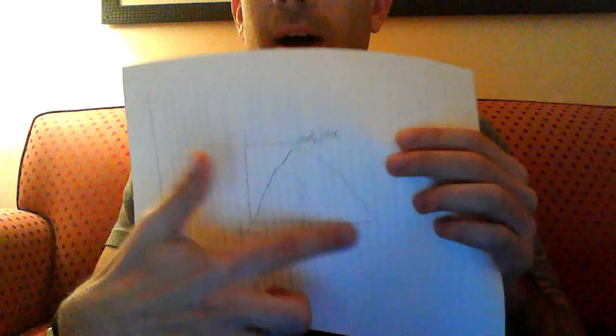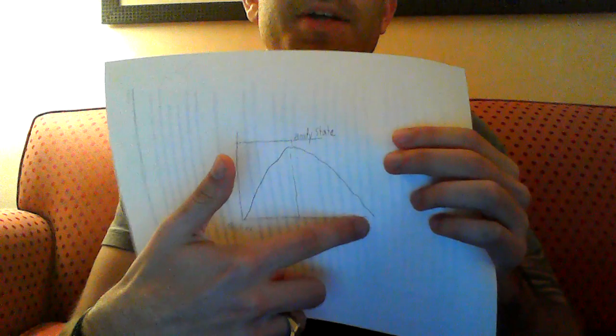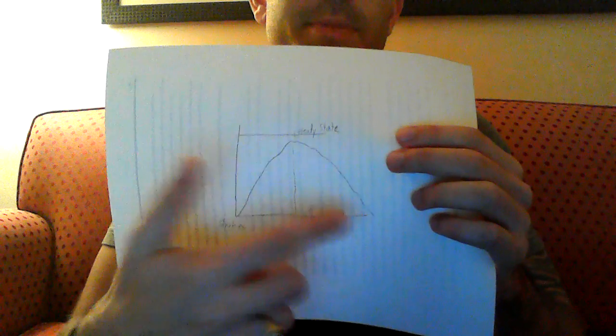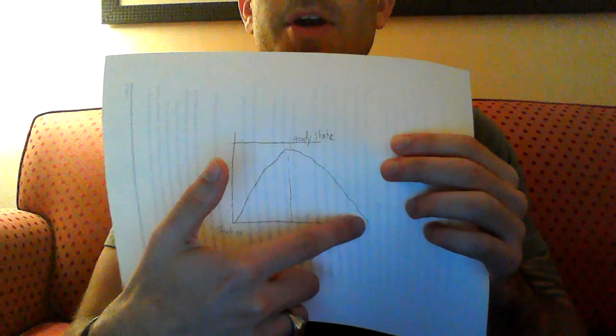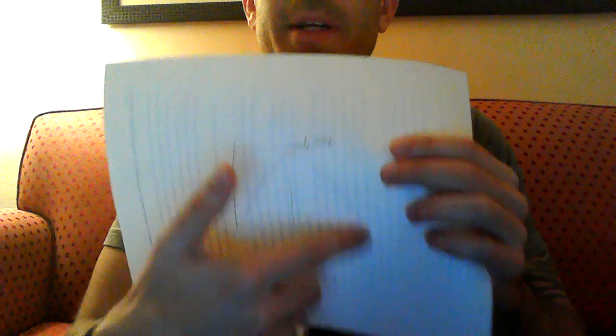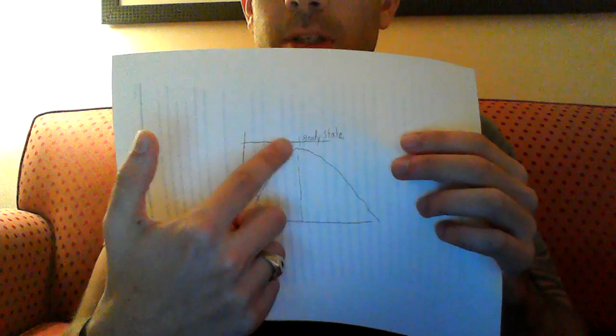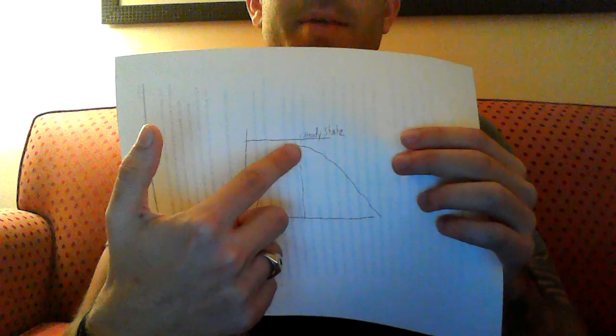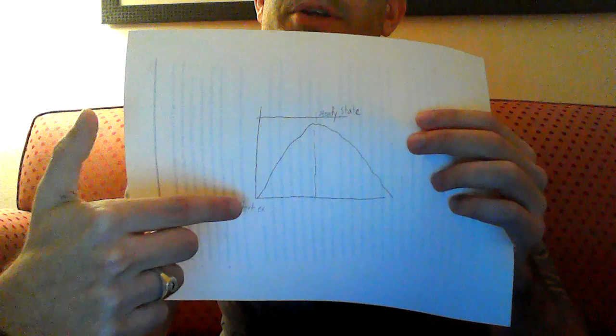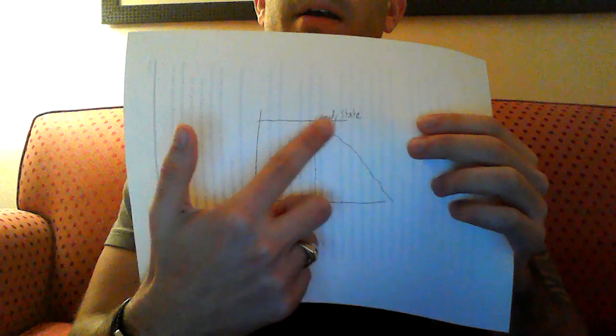You go out, you sprint a mile, or you go run 10 miles or whatever. When you stop, most likely you're going to be tired. Most likely you're going to be gasping, or not, depending on what shape you're in, but you're going to be breathing hard, exhausted and out of breath. So right when you stop exercising, you do not immediately go back to what you were before you started.